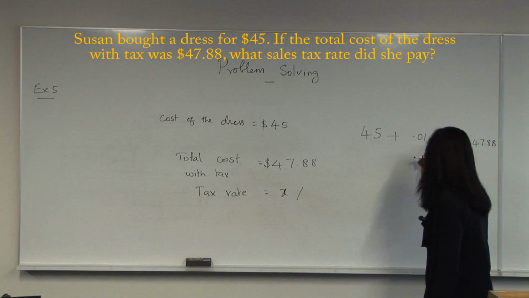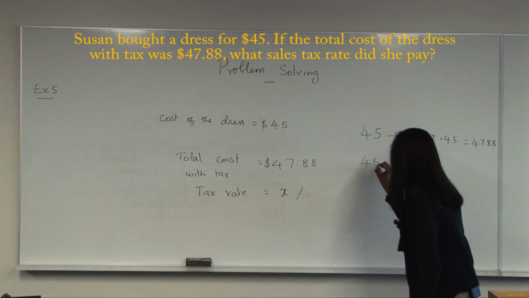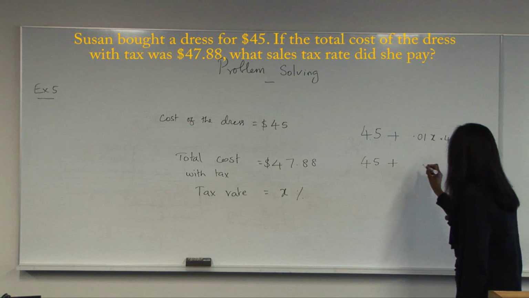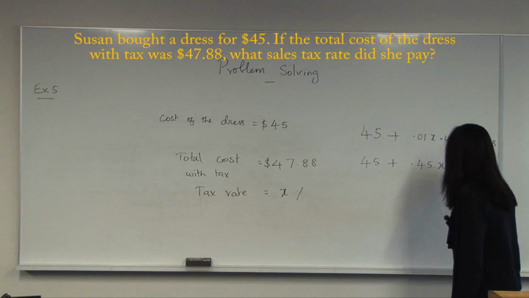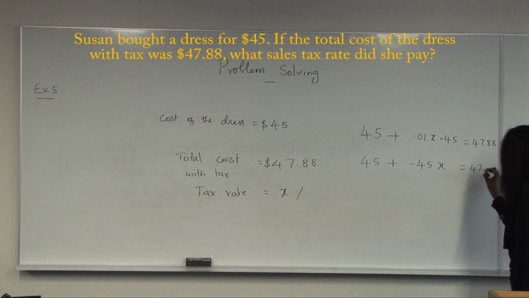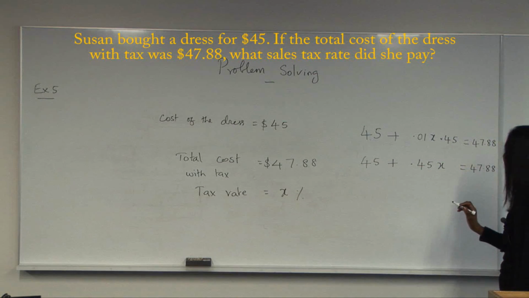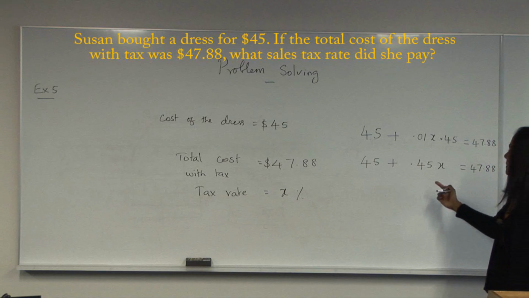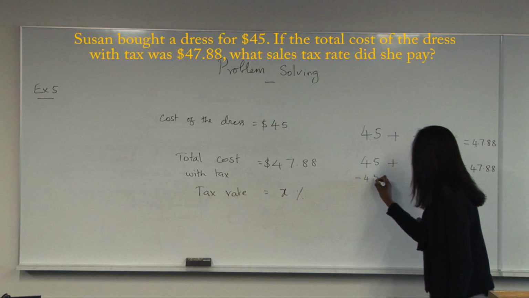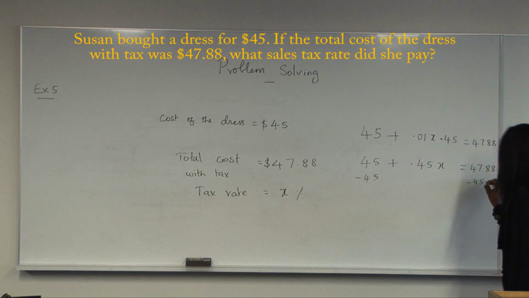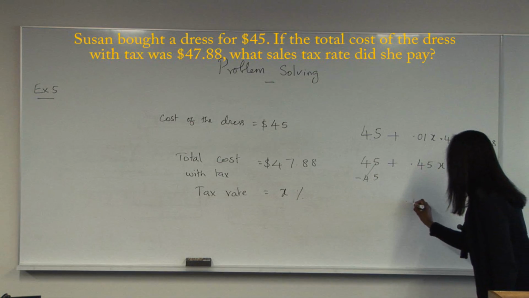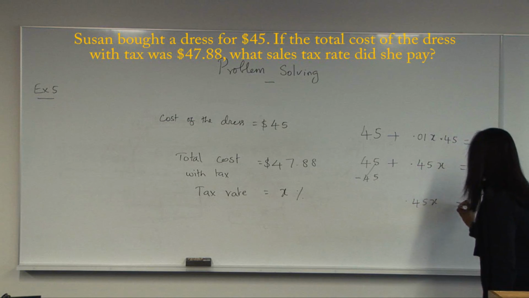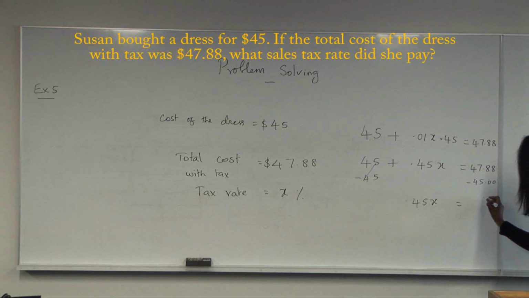Because here you have X, let's multiply this. This would give you this, and this side we have 47.88. So now we are solving for X. Subtract 45 both sides. So now 45 cancels out, and here we have 0.45x is equal to 2.88.